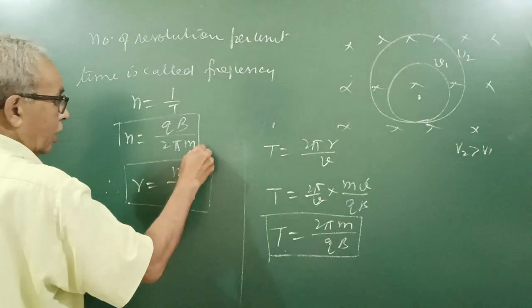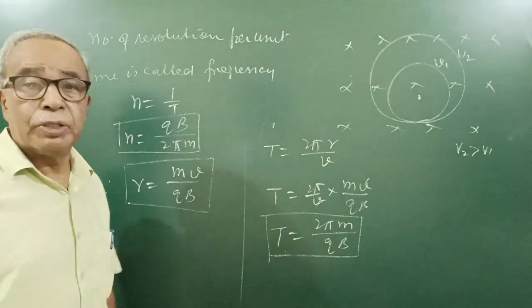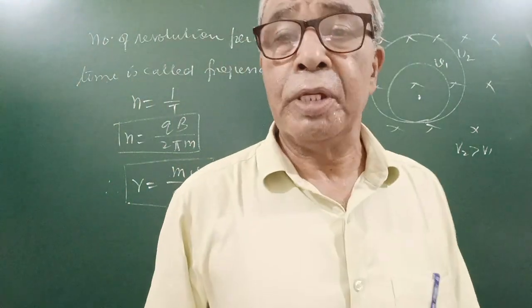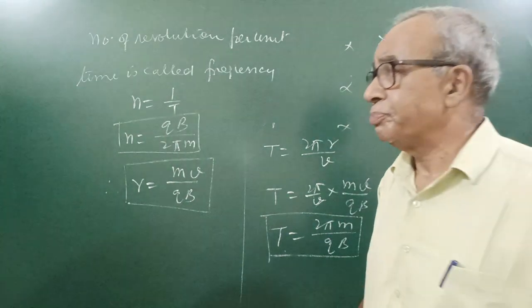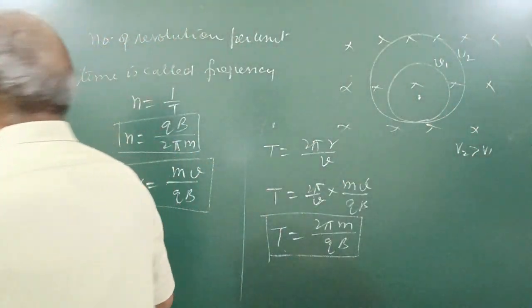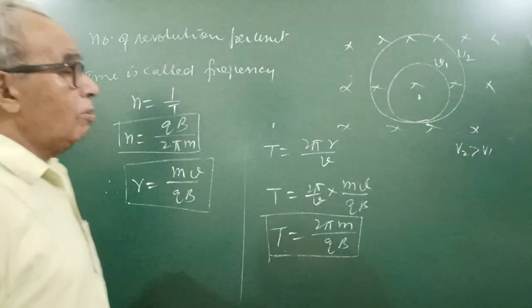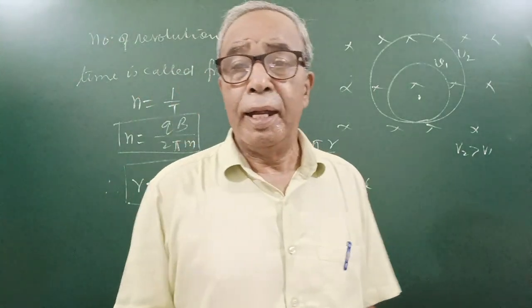These are important relations which are generally asked in exams in different ways. So this is the motion of a charged particle in a magnetic field when it enters the field at right angle.